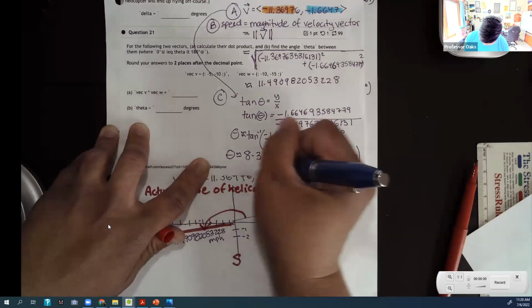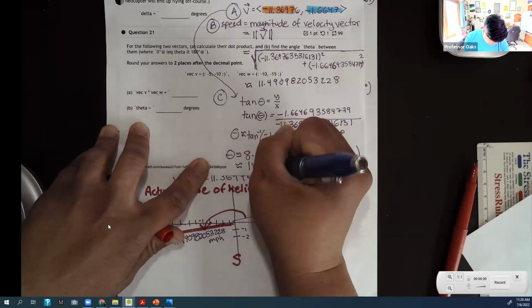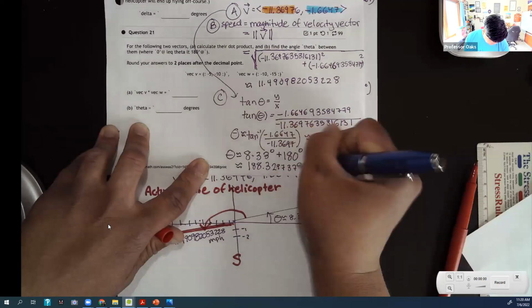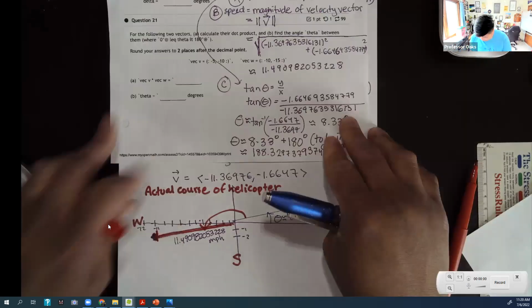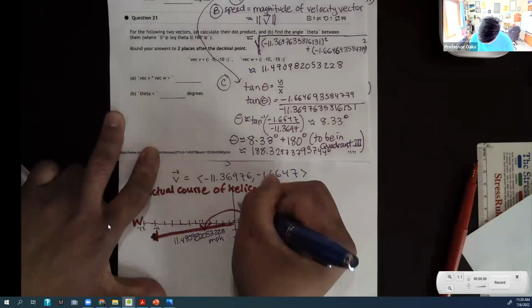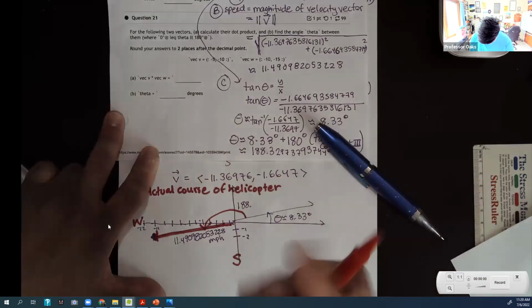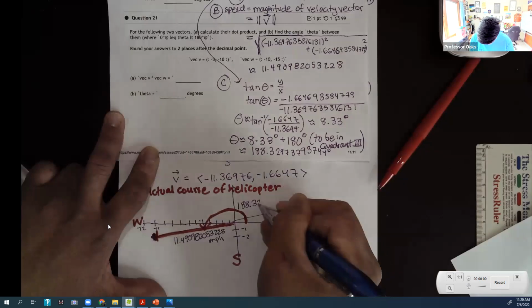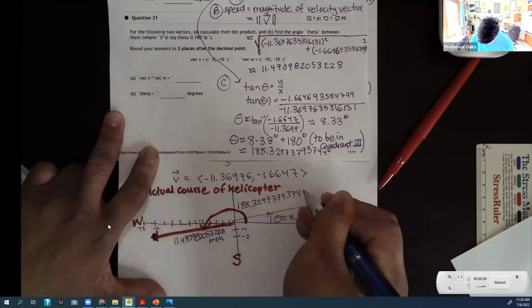But if I use the exact number, then it's 188.329737933744 degrees. So this whole red angle here all the way is 188.329737933744 degrees.